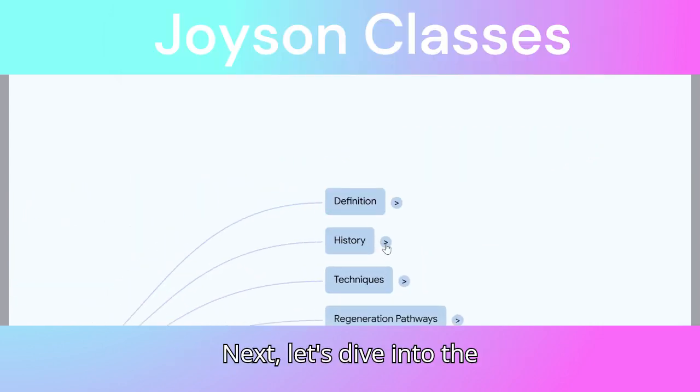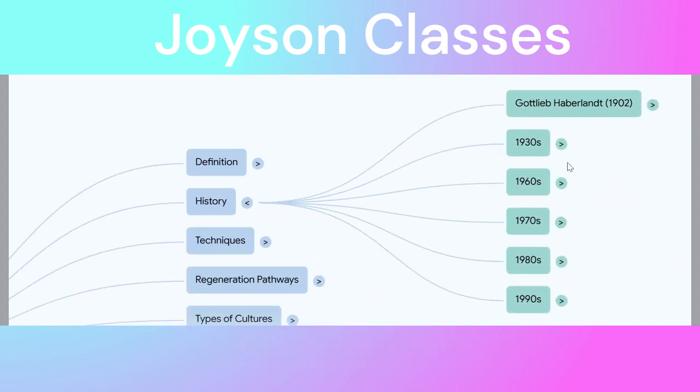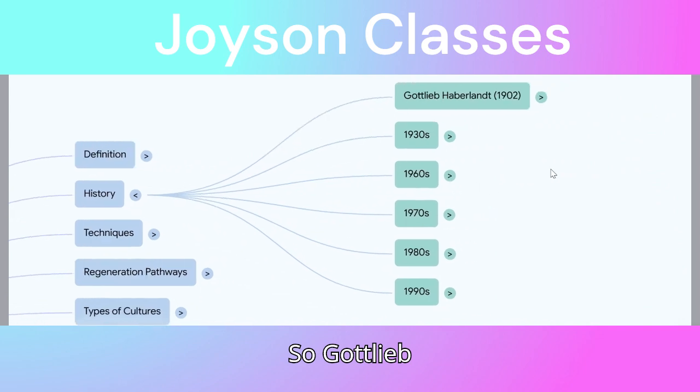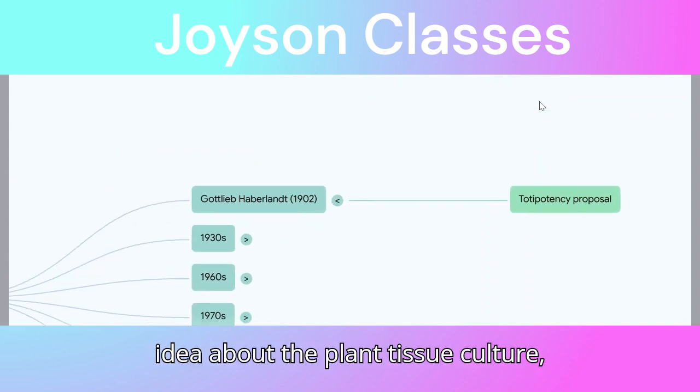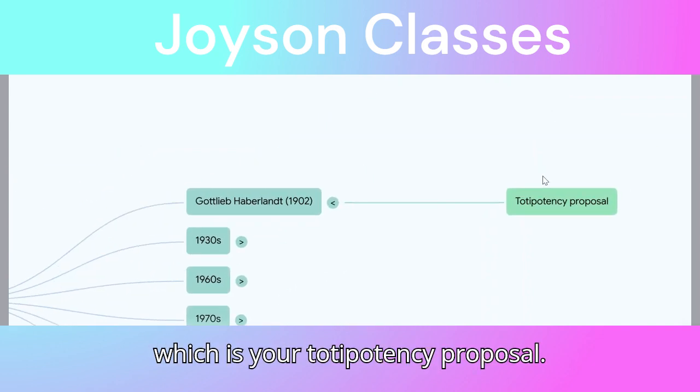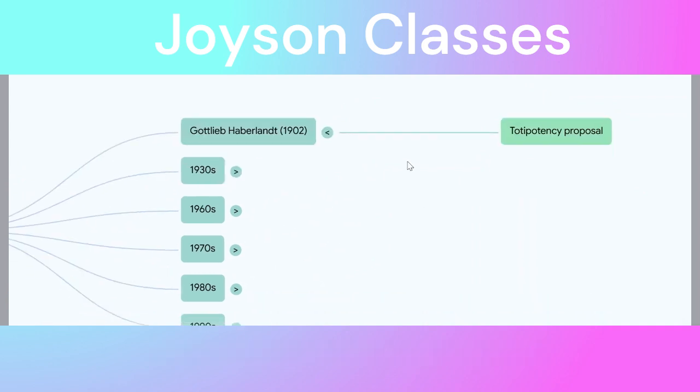Next, let's dive into the history. Gottlieb Haberlandt in 1902 gave the idea about plant tissue culture, which is the totipotency proposal.